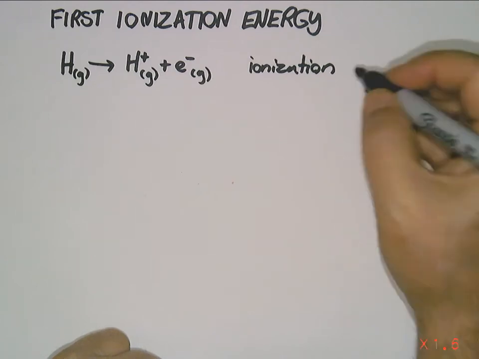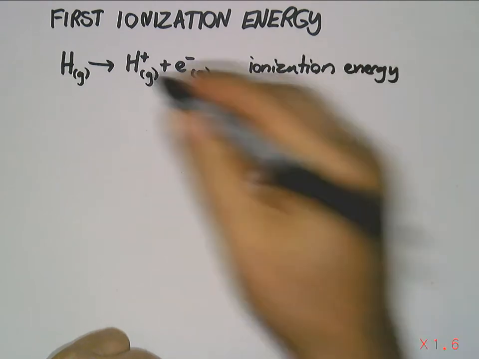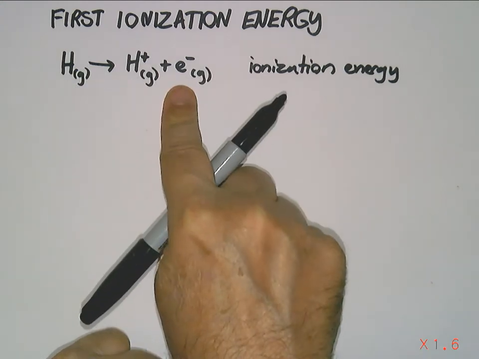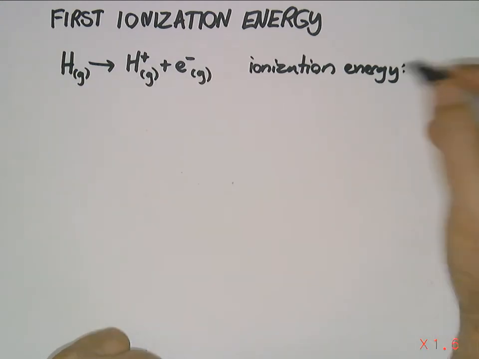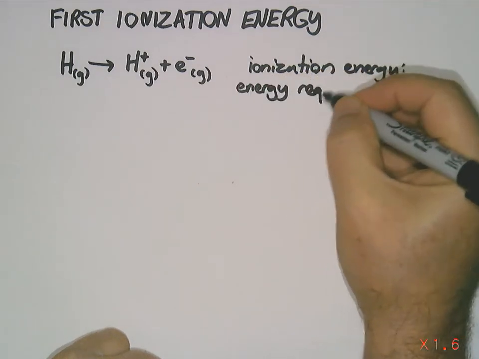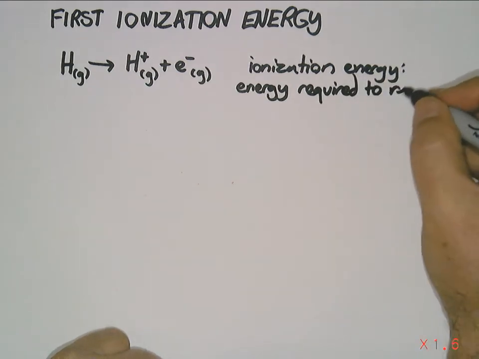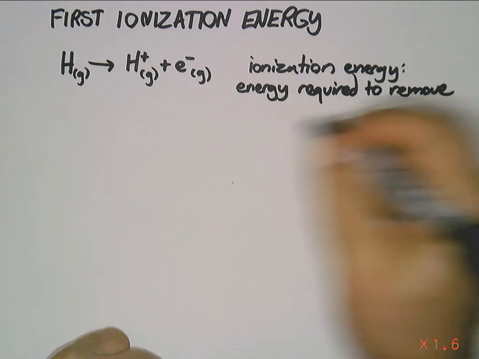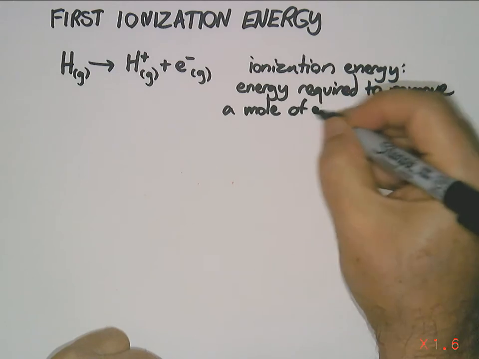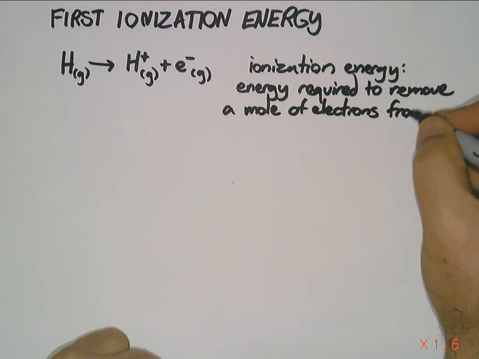And ionization energy is the amount of energy that that reaction takes. Now, if this is a chemical reaction with moles in it, we can say it's the energy required to remove a mole of electrons from a mole of gas atoms.